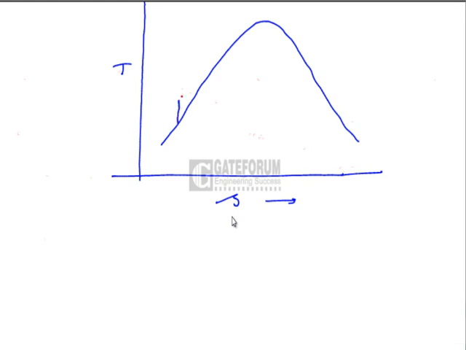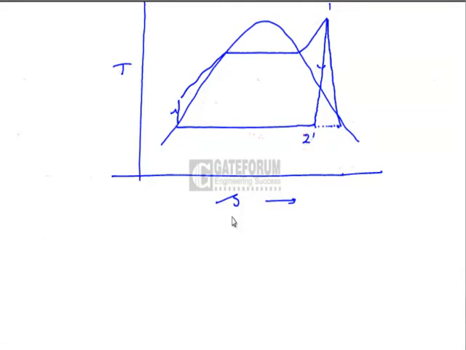This is isoentropic expansion, heating of water, change of phase of water, superheating, and this is isoentropic expansion of steam in the turbine. If you take the frictional effects into account, the actual expansion of the steam in the turbine goes rightwards, generating entropy. 1 to 2 dash is isoentropic expansion, 1 to 2 is actual expansion.